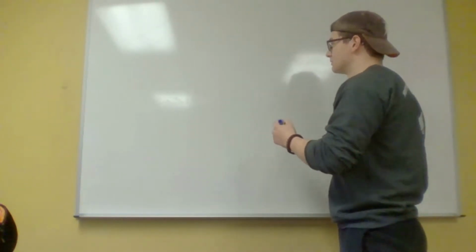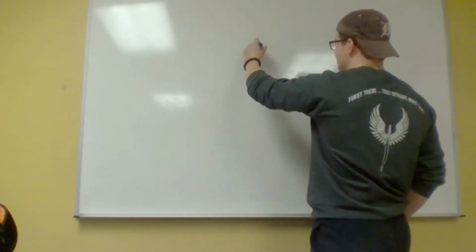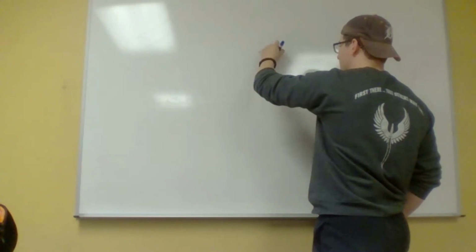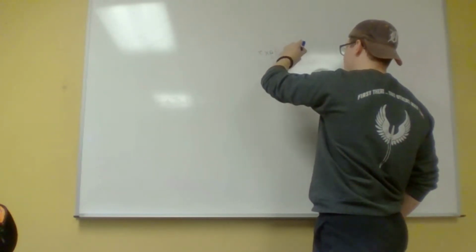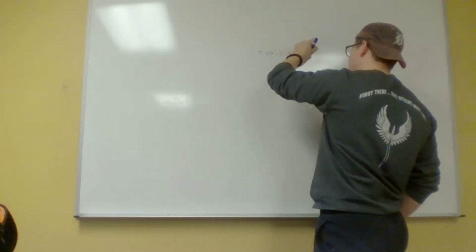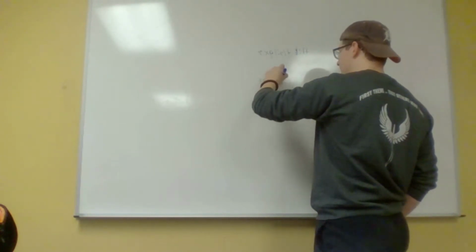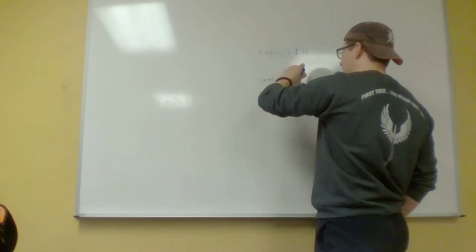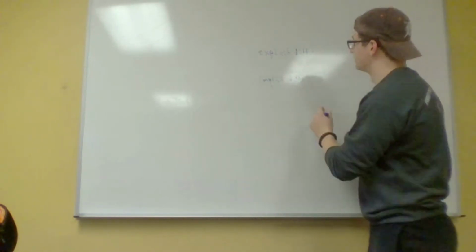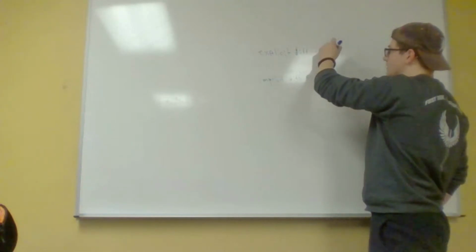Alright, so basically, implicit differentiation is when, well, you've got explicit and implicit. Explicit differentiation is when you have a y that equals an x.